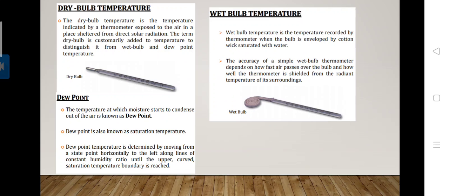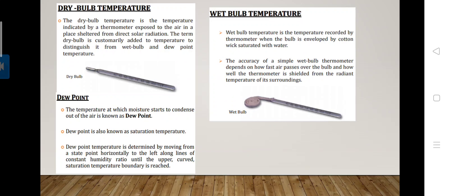If a mixture of air and water vapor is cooled at constant pressure, then the ability of air to hold water vapor reduces and the saturated condition will be reached. Further lowering the temperature will result in condensation of the water vapor and formation of dew.